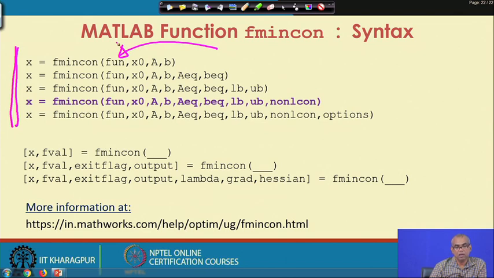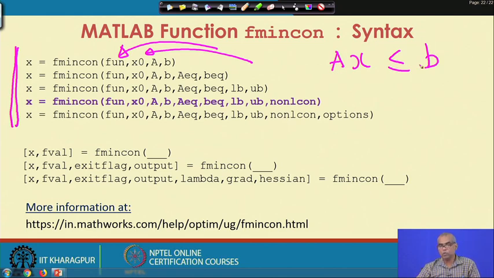You have to write an M file where the objective function will be evaluated. x0 is the starting point. A and b come from the linear inequality constraint: A is the coefficient matrix, x is the vector and b is the right hand side vector. If you do not have any other constraint, your syntax is this.